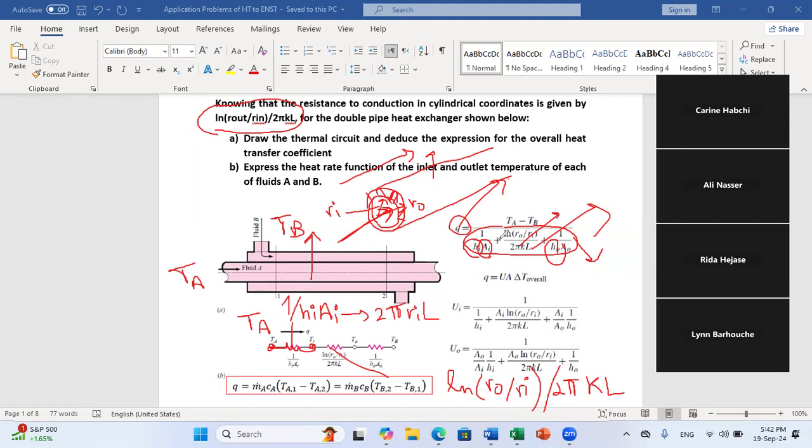So all of these parameters can be studied. Whenever we talk about the design of a heat exchanger, we can investigate how to vary these parameters within a possible range, of course, in order to enhance heat transfer between the two fluids. And then, depending on our application and the amount of heat transfer we need, we can select the appropriate heat exchanger to use. We have, of course, several types of heat exchangers.